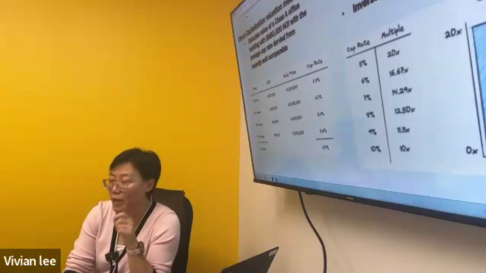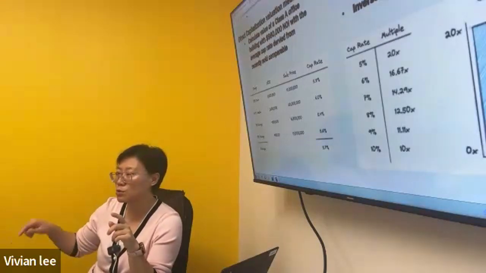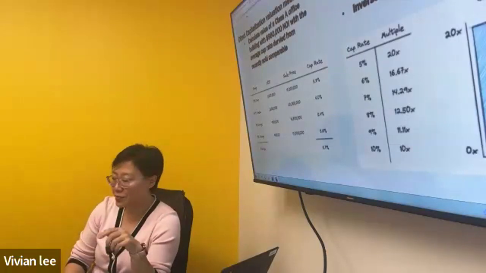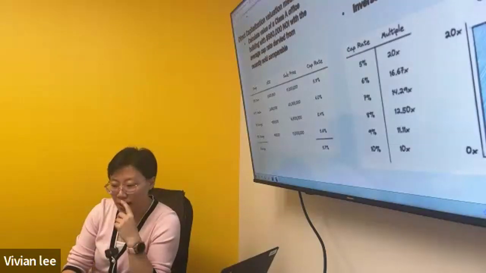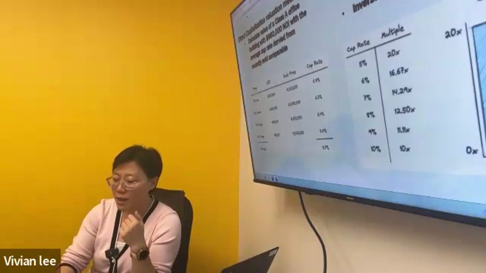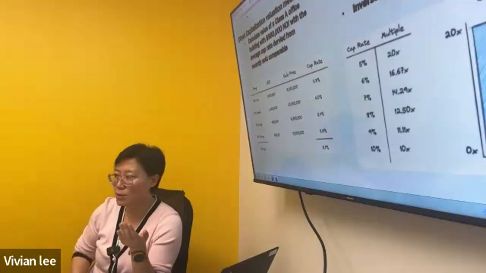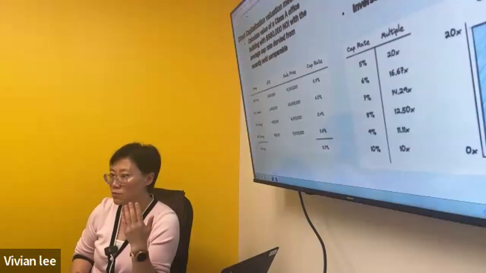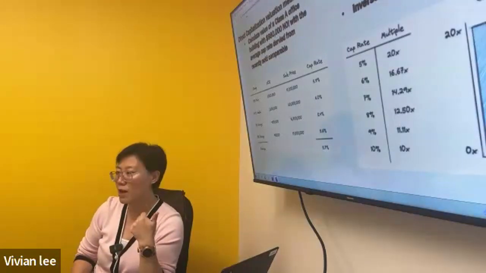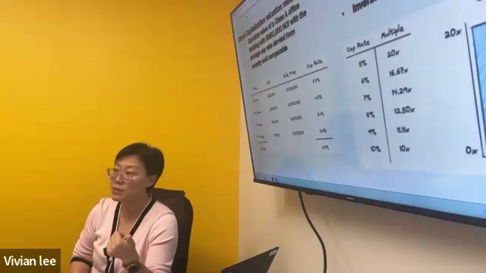The way to calculate cap rate is linked to your interest cost too, so I'll explain that later. But there are just some ways of looking at what the cap rate is. Another interesting way to look at it is as a multiple. When you're generating a 5% cap rate, it's like getting a 20 times multiple. So it's expensive, right?